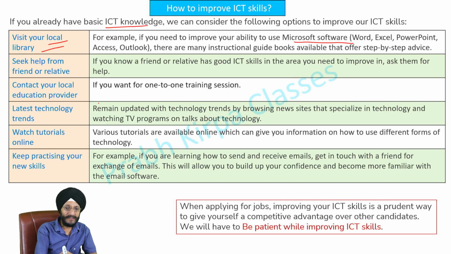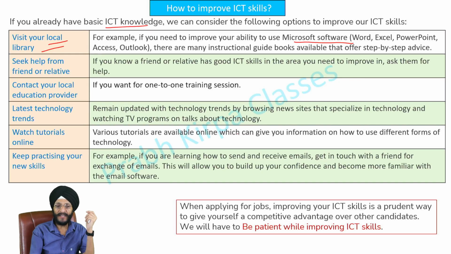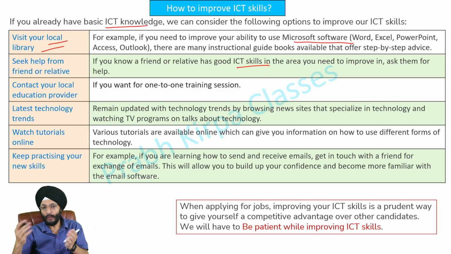The next tip, maybe another important point, is that we can seek help from a friend or relative who may be good in the ICT skills in the area you need to improve in.